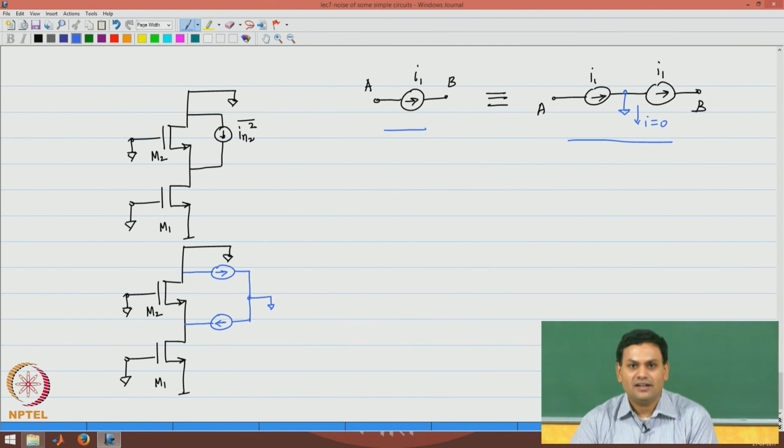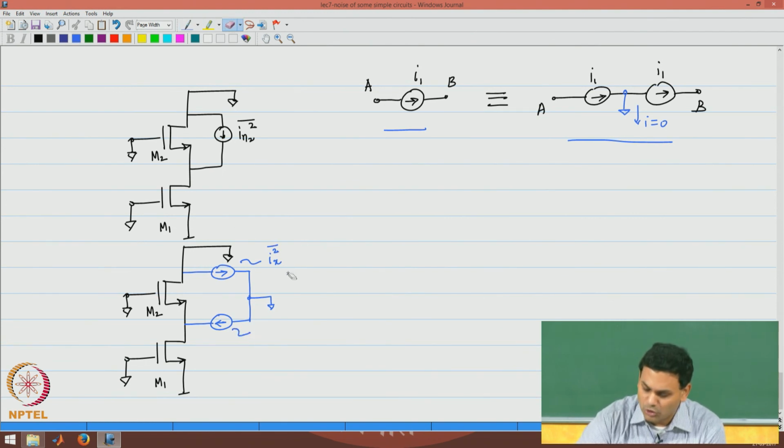As you can see, the network looks a little bit more complex, but it is actually easier to analyze. I am going to call these two sources Ix squared and Iy squared to distinguish the two, but in reality both of these are equal to In2 squared.